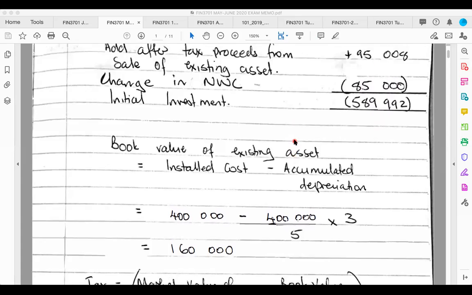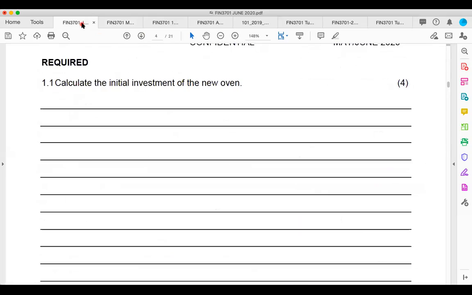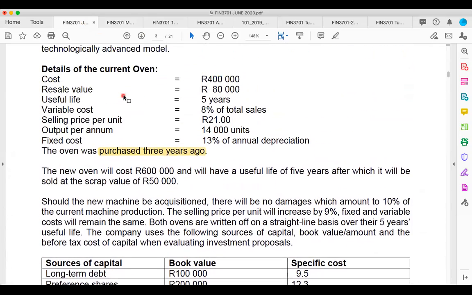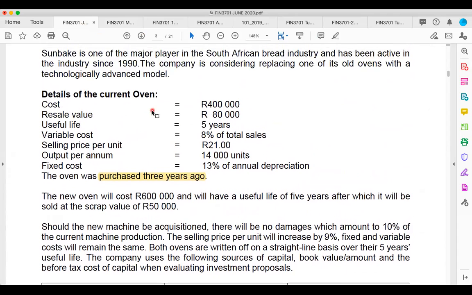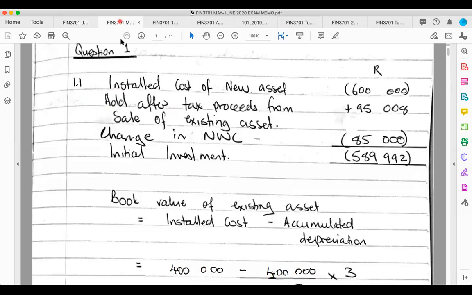So we start with the installed cost of the new asset. The installed cost of the new asset is usually the easiest to calculate. As you can see, we've been told that the new asset has a cost price of 600,000. So this is how much is going to be paid for the purchase of the new oven, the new asset.